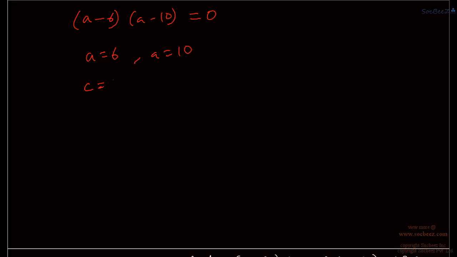If a is 6, then c will be 10. If a is 10, c will be 6. Hence, we actually have two sets of sides here, but both of them are the same thing and completely valid. Hence, sides in general are written as 6, 8 and 10.